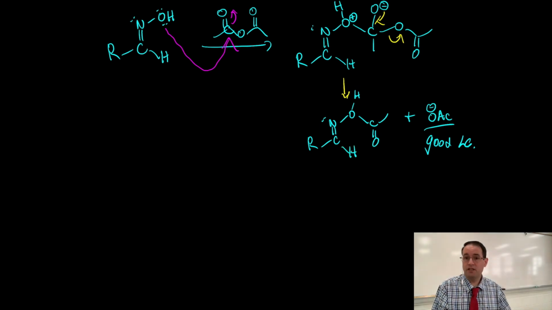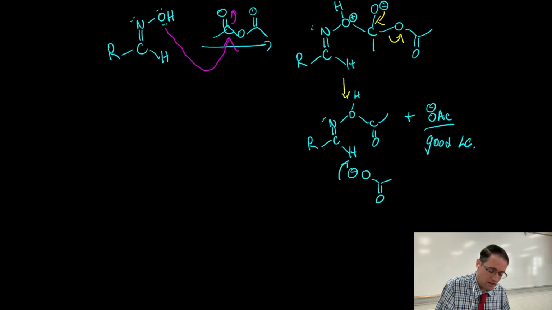So next what we need to do is do an elimination reaction. Maybe acetate, for example. Acetate here can do an elimination reaction to kick off there. So we'll give you your nitrile, okay?